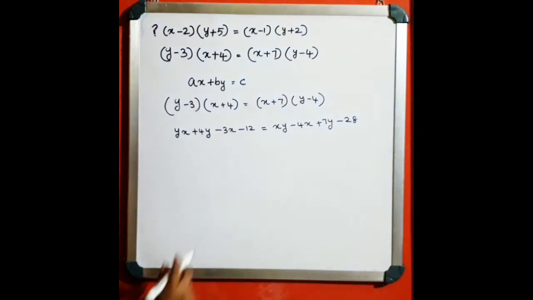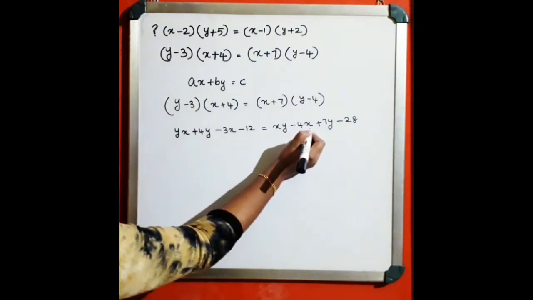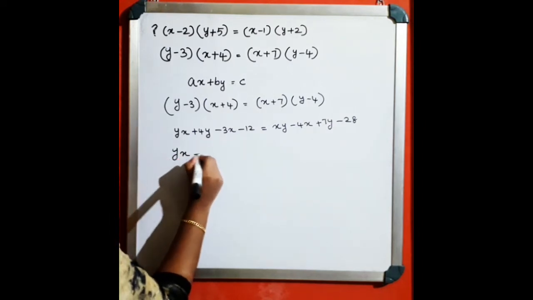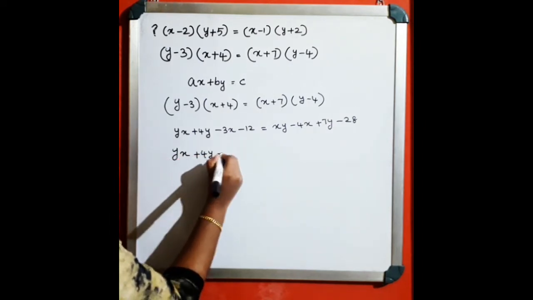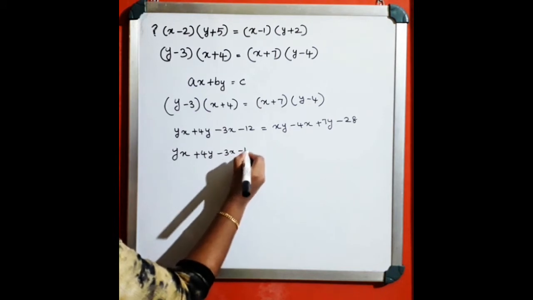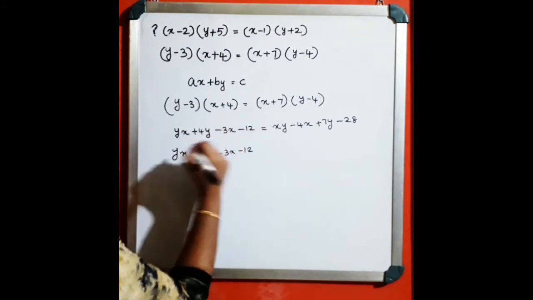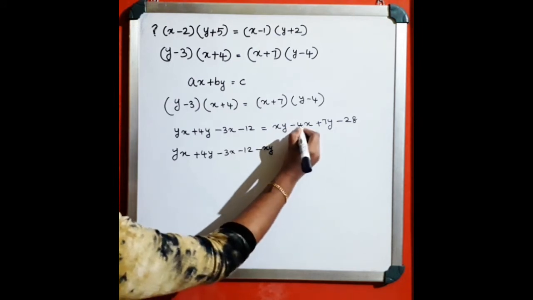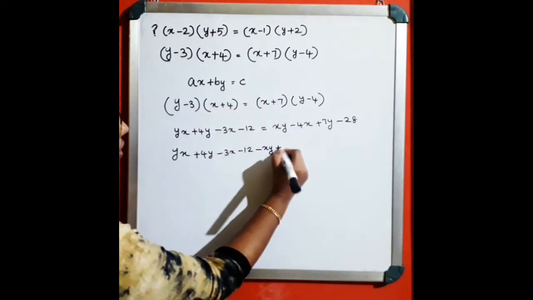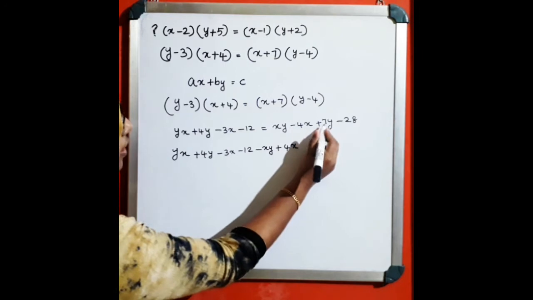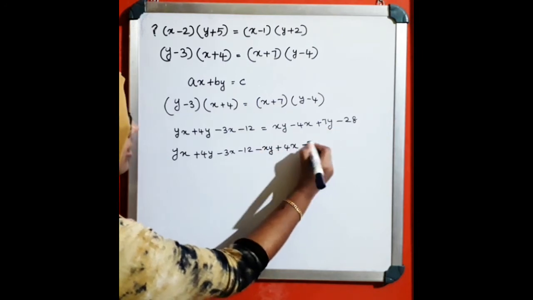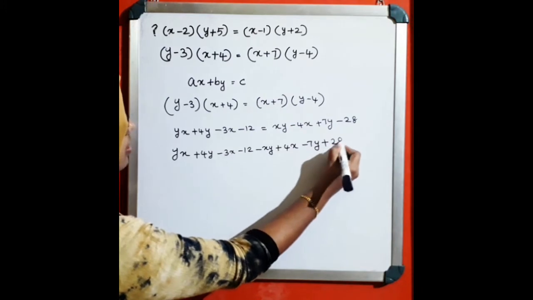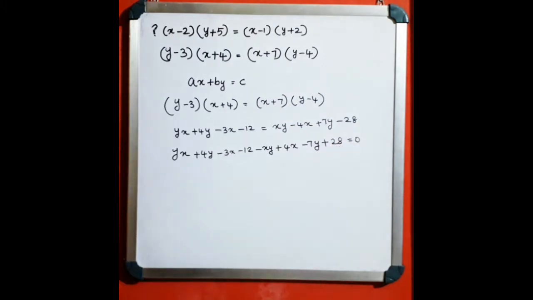So take the right side to the left, it becomes yx plus 4y minus 3x minus 12. If we take xy to the left side, it becomes minus xy, and minus 4x to the left side, it becomes plus 4x. Similarly, plus 7y becomes minus 7y, and minus 28 becomes plus 28, is equal to 0.